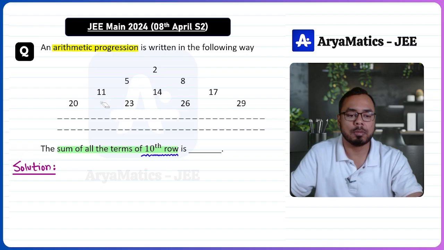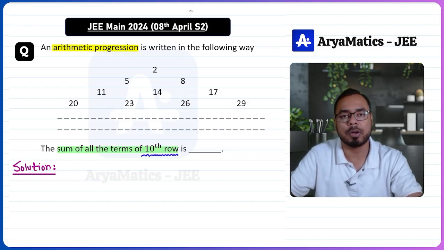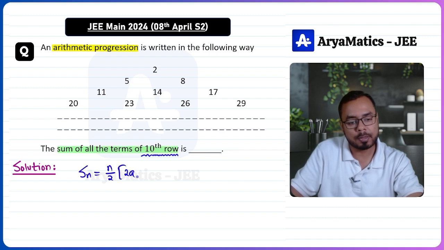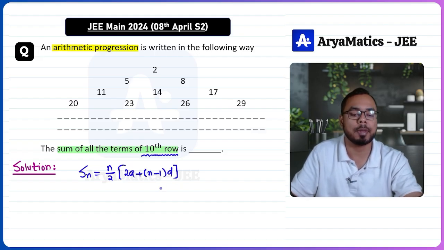So in the 10th row we'll have 10 elements, all of them in AP with common difference 3. Now we know that the formula for the sum of n terms of an AP is n by 2 times 2a plus (n minus 1) into d. This is the standard formula for finding the sum of n terms of an AP.